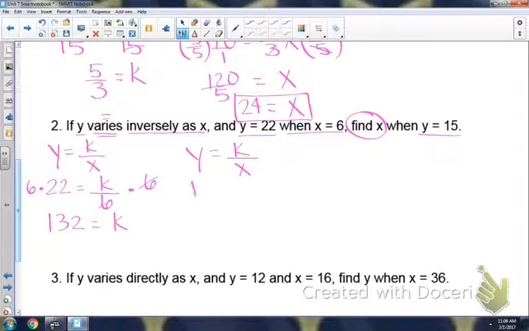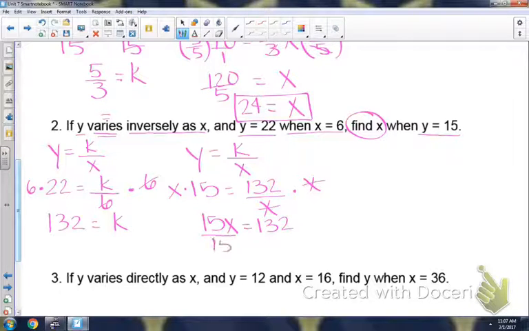So I'm plugging in 15 for y. I know the constant was 132 divided by x. So I would get rid of the denominator, multiply both sides by x. So you end up with 15x equals 132.